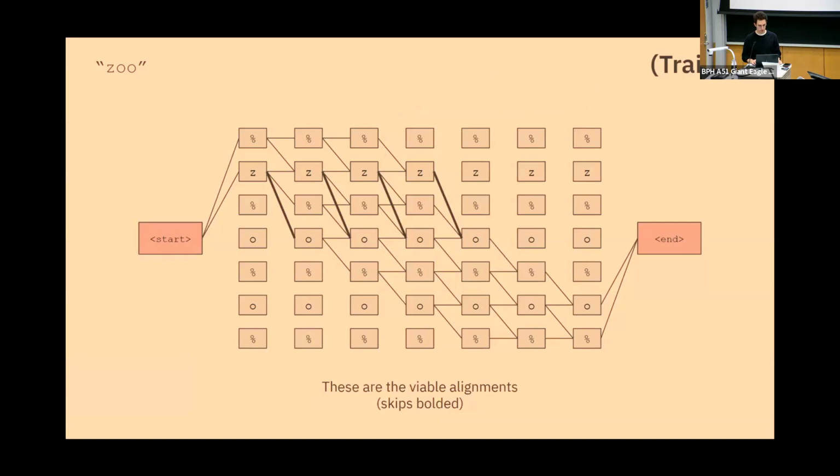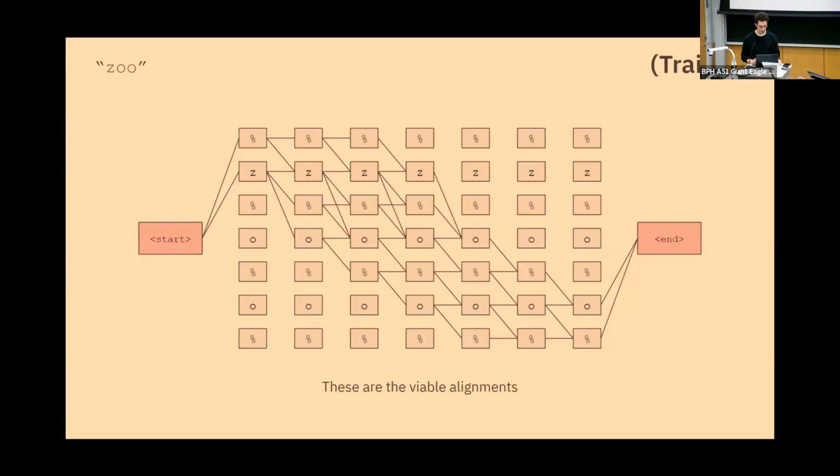Just to highlight again, the viable skip alignments are bolded here to give you a sense of where they are. But as you'll see, skips aren't available for every place where they might exist. In the homework, we'll ask you to keep track of when these skips are possible, and that'll help with your forward-backward calculations.